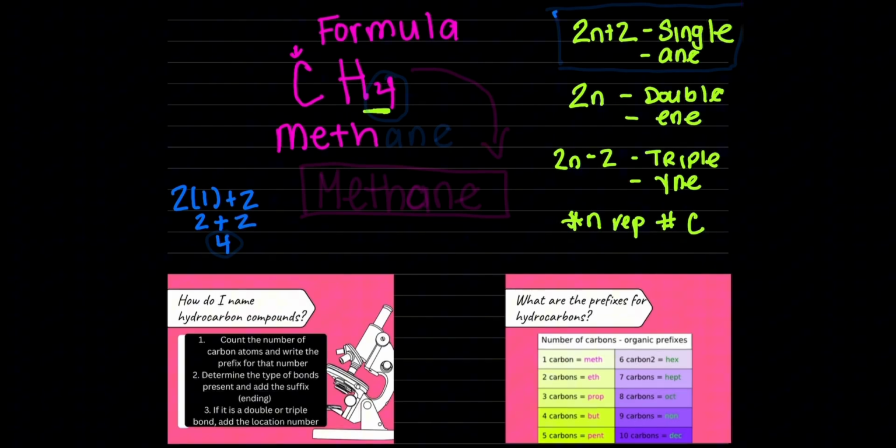So this formula is the formula that gives me the 4 hydrogens that I see right here. Since this formula identifies the number of hydrogens that I have, that means I have a single bond. And since I have a single bond, my suffix is going to be ane. So the name of my formula is methane.